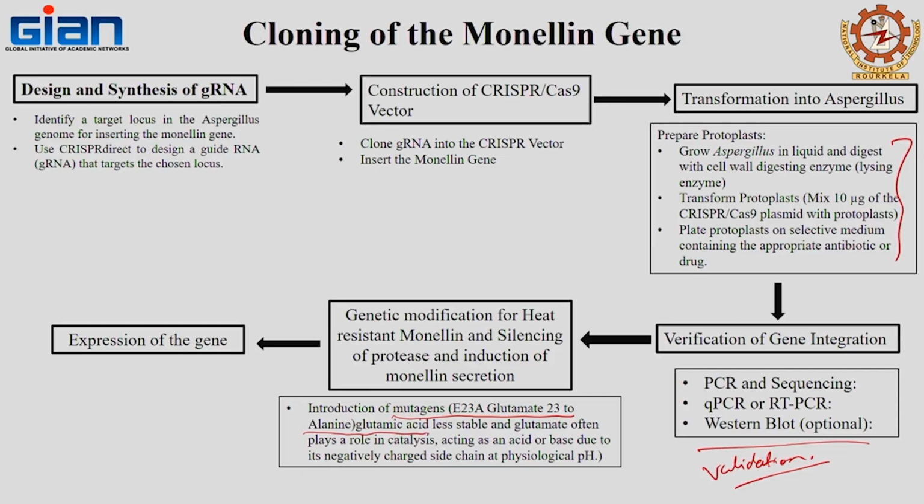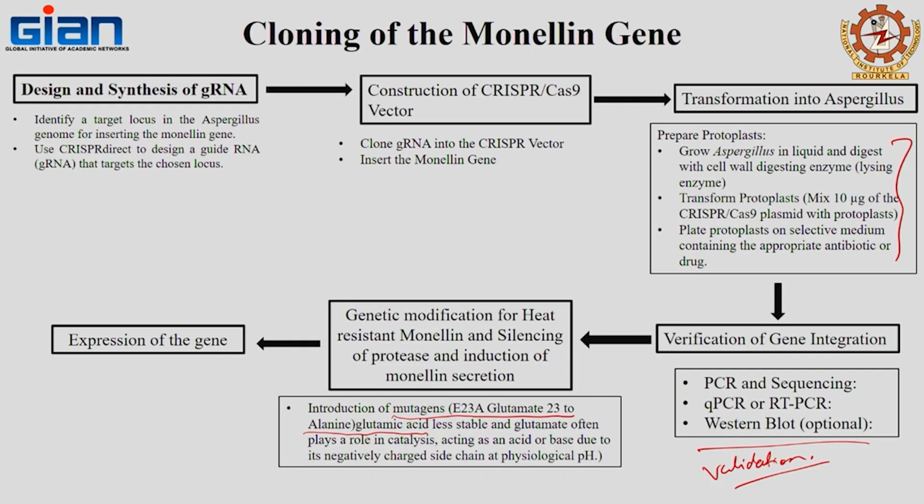There is a lot of literature, though we forgot to give the reference, which shows that once we alter the particular amino acid, glutamate, with alanine, the glutamic acid, which is highly prone to a lot of reactions when present in monellin, is no longer a problem. So we can stabilize the particular peptide by altering the amino acid to alanine.